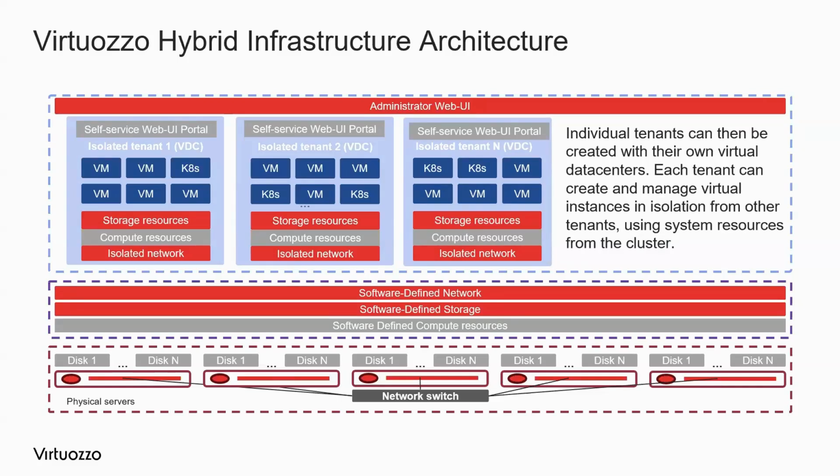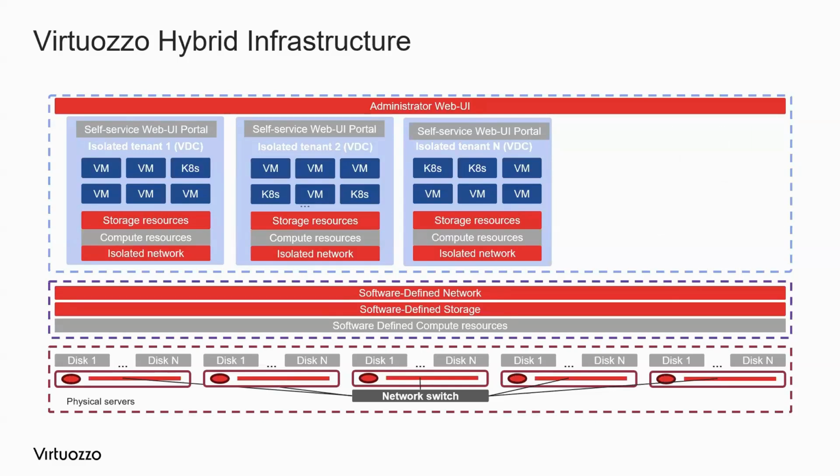And then they can create VMs, they can create Kubernetes clusters, and everything is just one single cluster with software-defined network, software-defined storage, and software-defined compute resources managed by one single console, where the customers, or if it's a private cloud, also different departments for a big enterprise, can connect to this environment and manage their own environment.